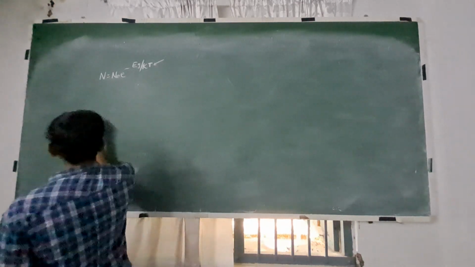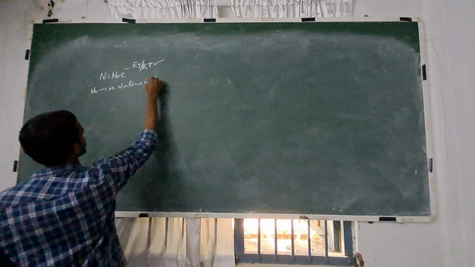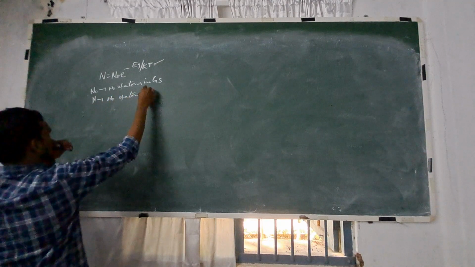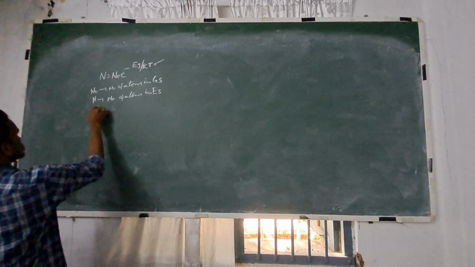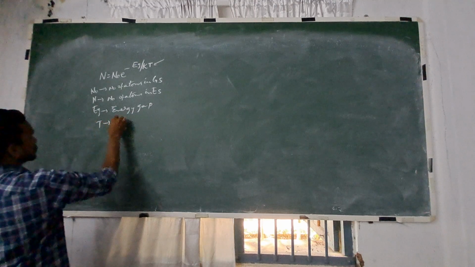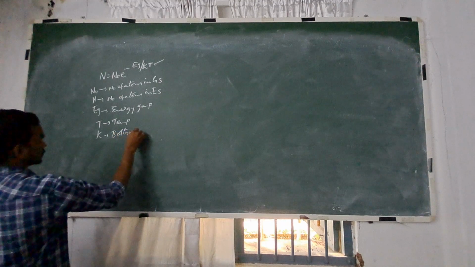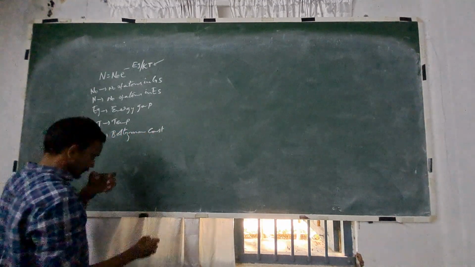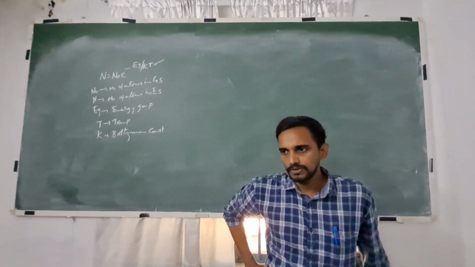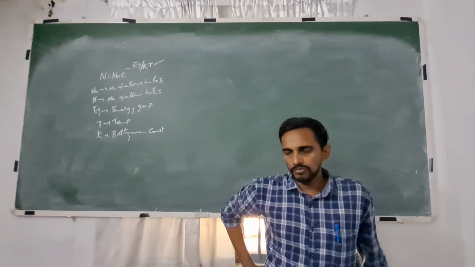N0 is number of atoms in ground state. N is number of atoms in excited state. Eg is energy gap. T is temperature. K is Boltzmann constant. So take a look at the value of the Boltzmann constant in electron volts. Search for it. Boltzmann constant.